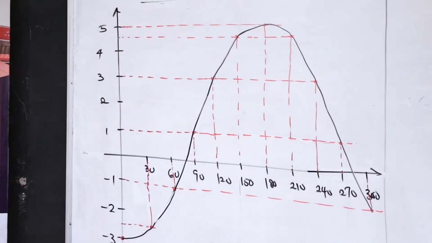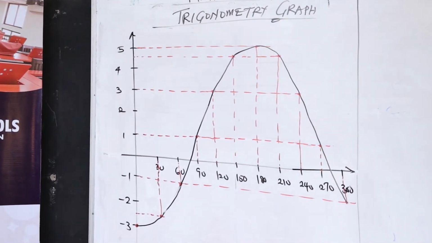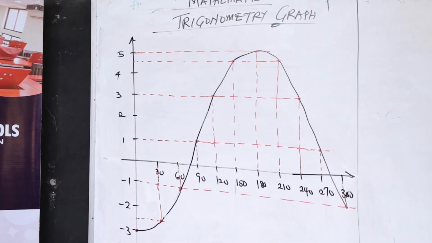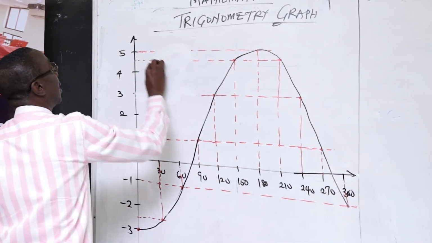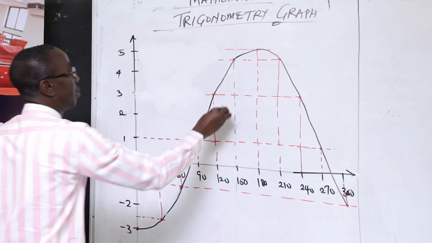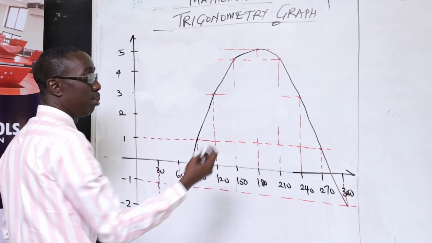This is what I expect your graph to look like as much as possible. I will try to remove my own dotted lines because they are not expected to be there. So you can see that I'm removing it. I just used those dotted lines to get my points, to try to be a little accurate on a plain board.